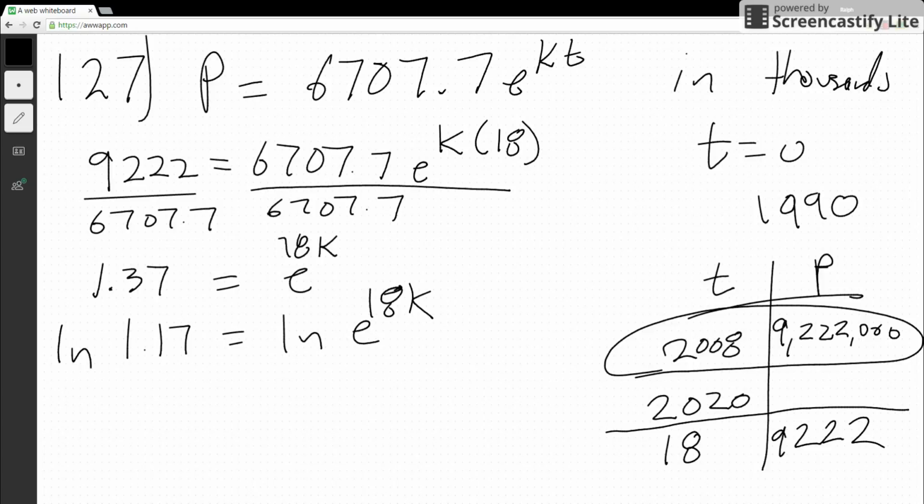And so then I'll take the ln of that, get a decimal. And that comes out to about 0.318 equals 18k. Remember, those are inverses right there.